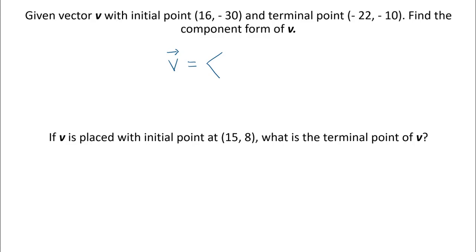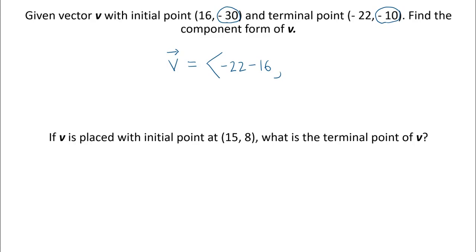This vector initiates at x equals 16 and terminates when x equals negative 22. So we find that displacement by taking the terminal x value and subtracting from that the initial x value. Now let's find the vertical displacement. This vector starts at y equals negative 30 and terminates at y equals negative 10.